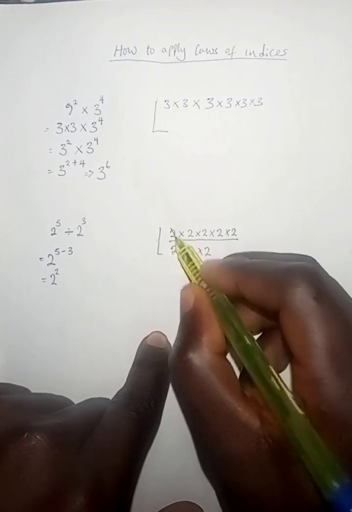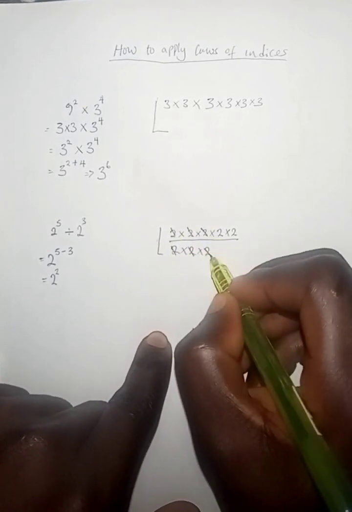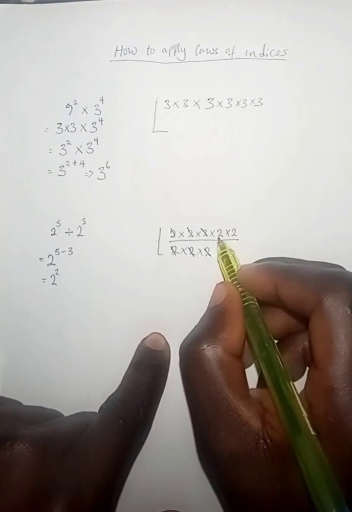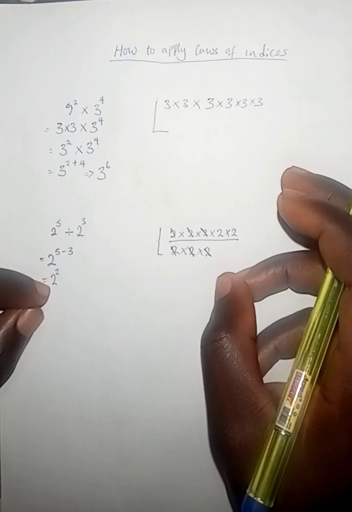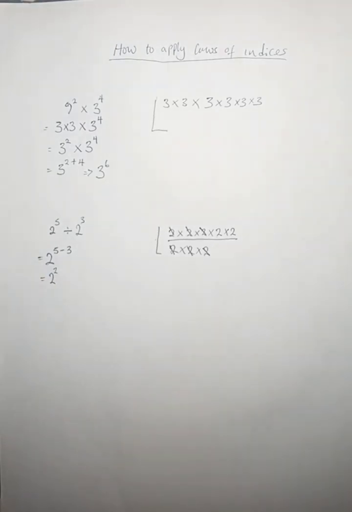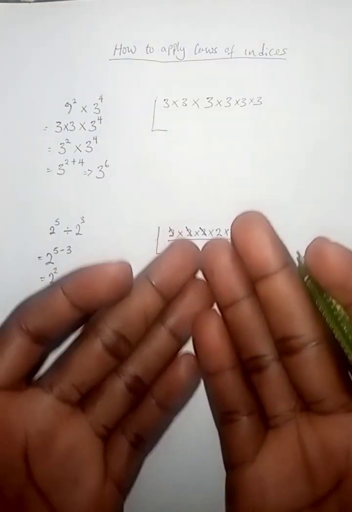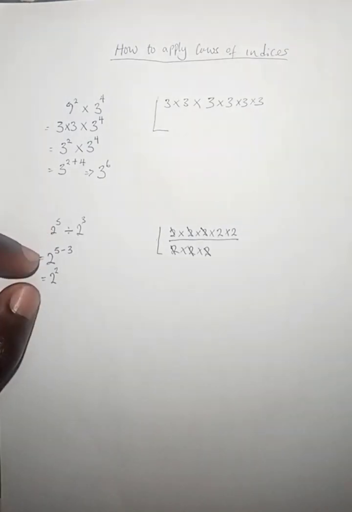Where we'll have 2 cancel 2, 2 cancel 2, 2 cancel 2, and we are left with 2 times 2. That's why we're having 2 to the power of 2. But just like I said, using law of indices, we don't need to do all this. We just pick one of the base, then subtract their powers.